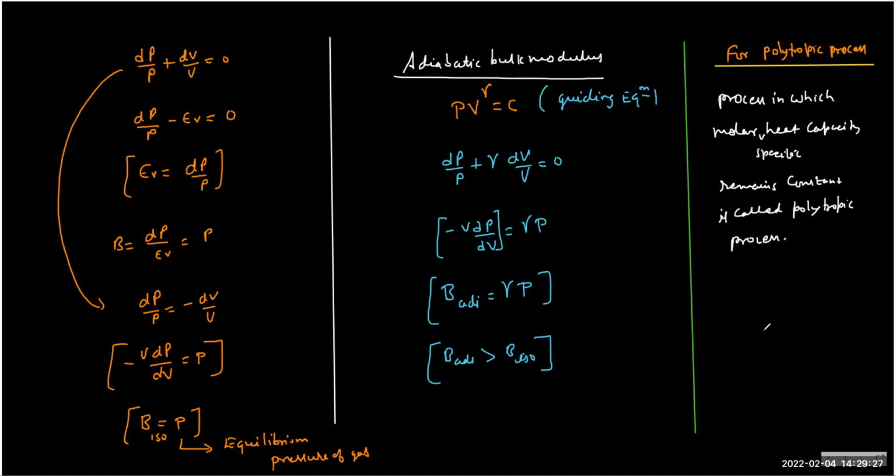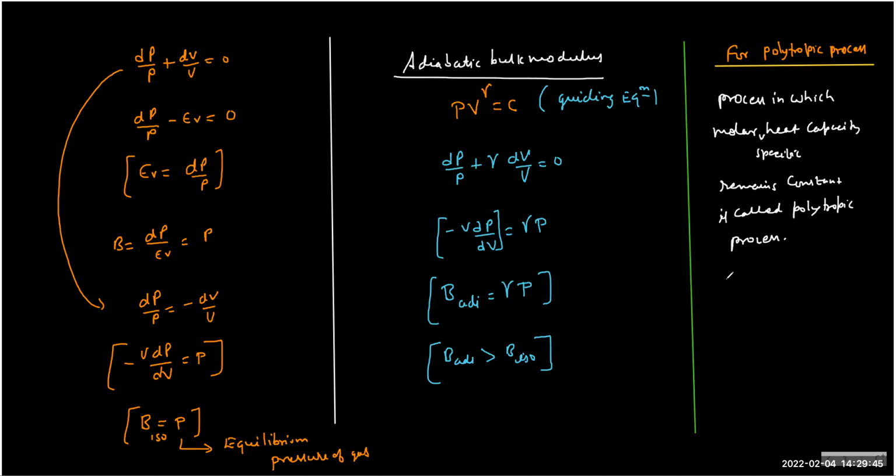So whatever you study in thermodynamics are polytropic processes. Adiabatic is polytropic, isothermal is polytropic, everything is polytropic. So all processes which you study are polytropic.